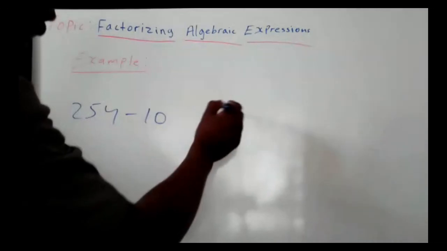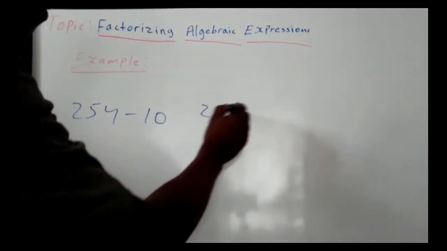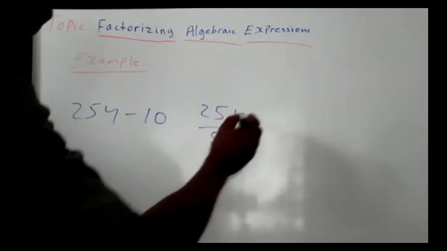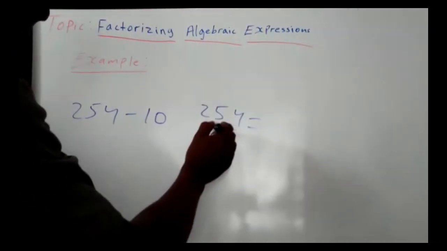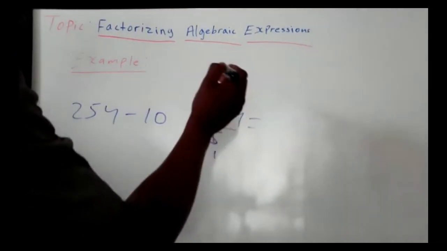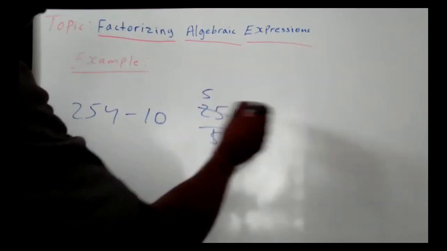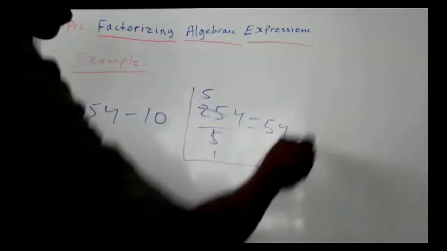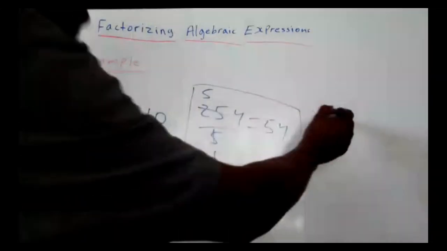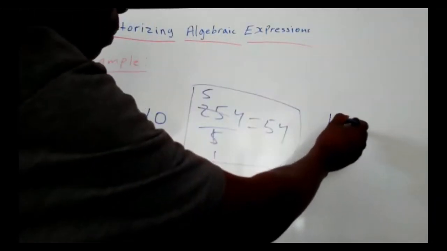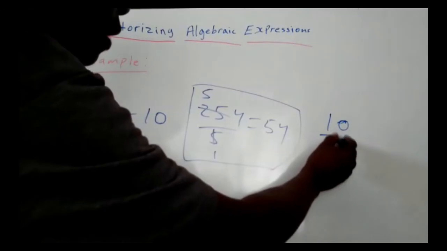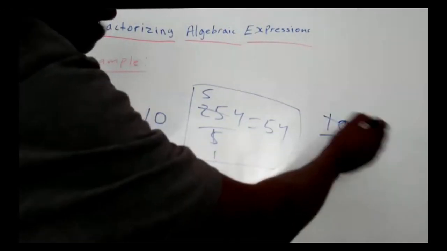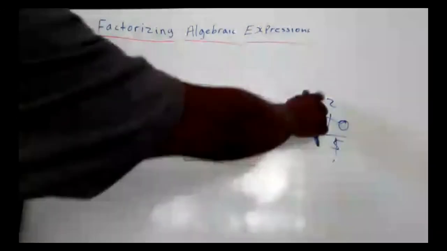So for rough work, 25y divided by 5, 5 into 25 goes 5 times, so we have 5y remaining. And for the 10 now, we can divide 10 by 5. 5 into 10 goes 2 times. So we have 2.